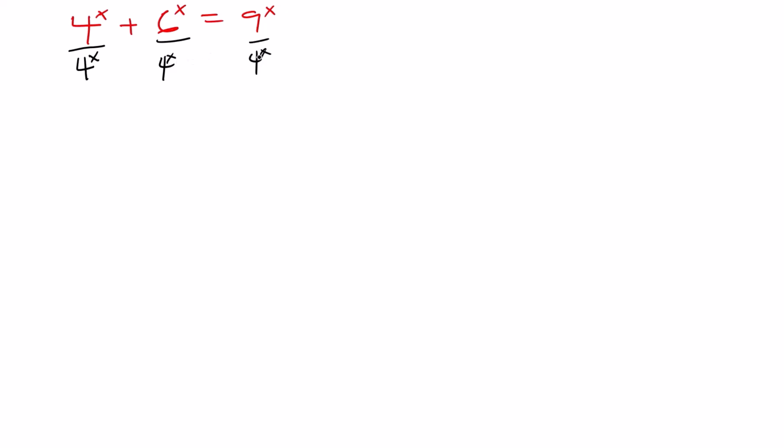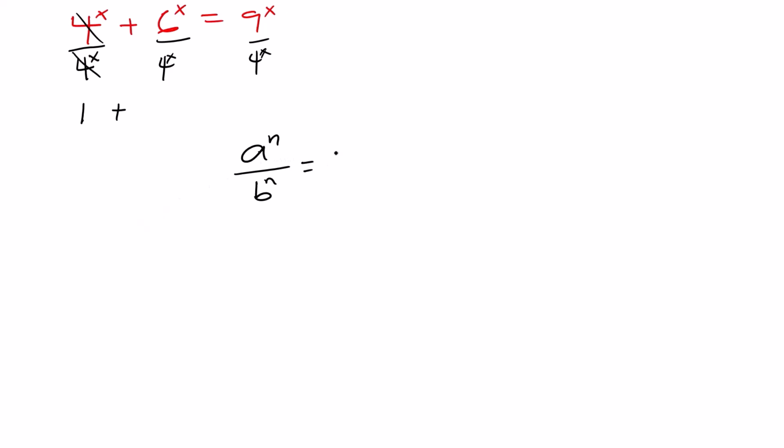So this one will cancel this. My next step will be 1 plus, now we have 6 raised to x on 4 raised to x. In case we are given a raised to n on b raised to n, because the powers are equal, we can take it out.